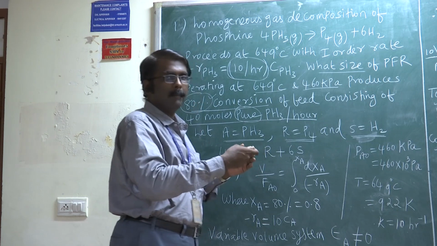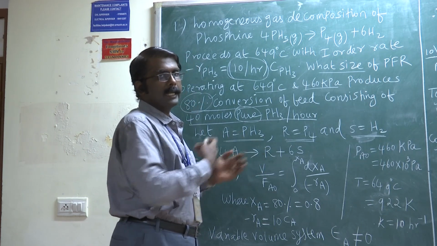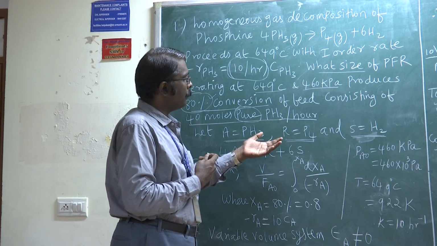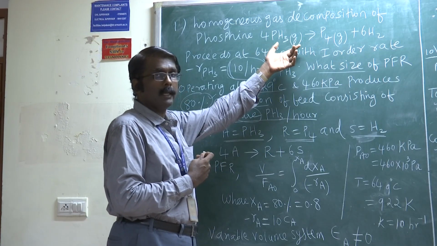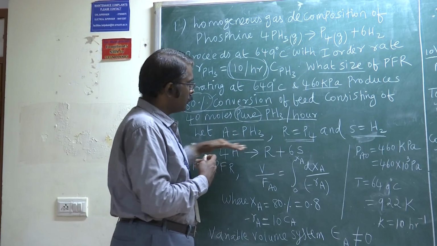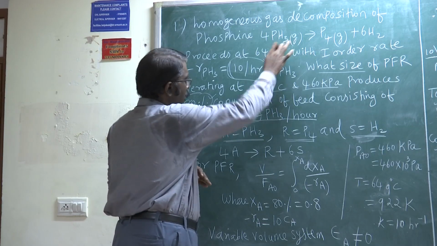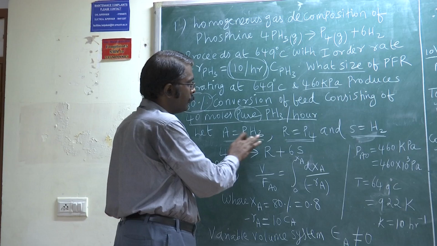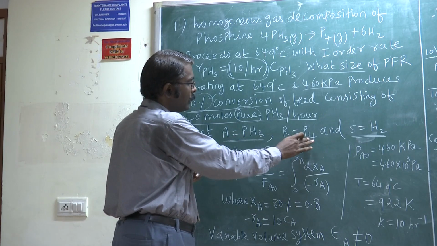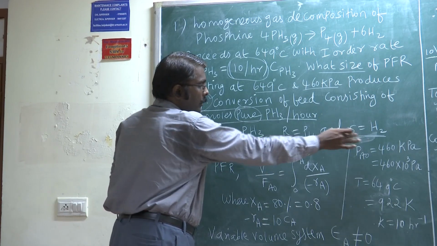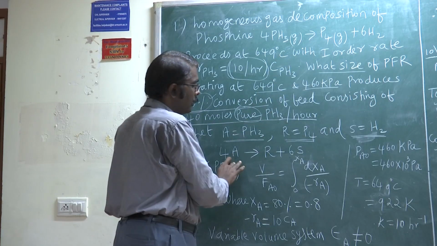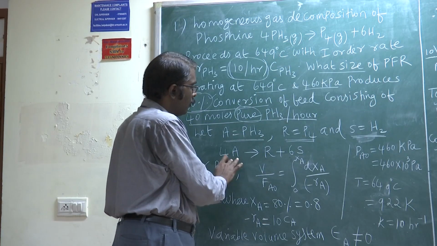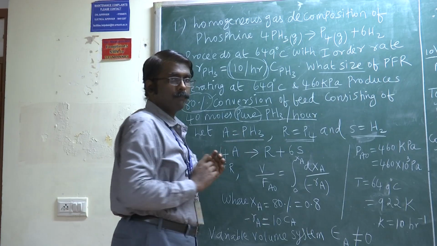I am defining this for our convenience, for representing the rate equation or the stoichiometry in a simpler manner. So the stoichiometry is modified in this form, because we have taken phosphine as component A, phosphorus as R, and hydrogen as S. The given stoichiometry is rewritten in this format now: 4A giving us R plus 6S.